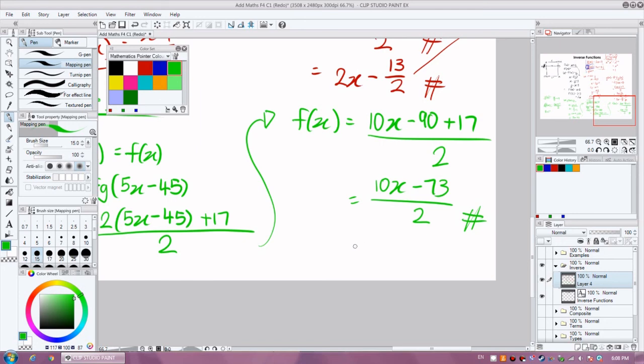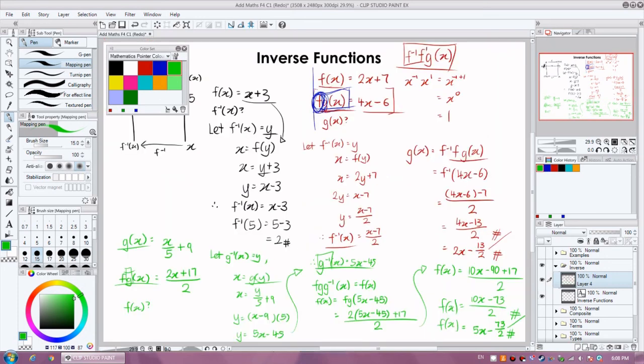This one could technically be the answer, but to make it more proper, it will be 5x minus 73 over 2. So this is f(x), and that's how you solve composite function questions with inverse functions included, and maybe vice versa as well.